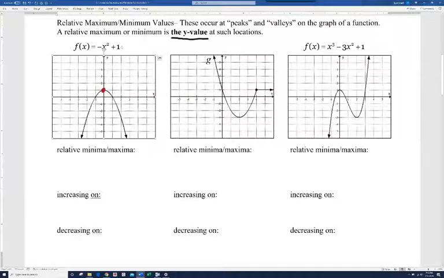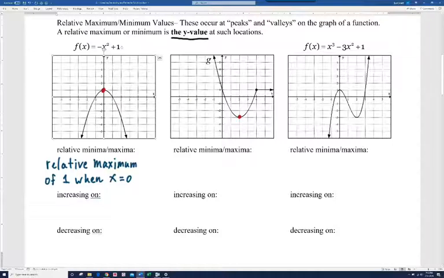It's the highest point, and at that point the y value is the highest on this graph. So this is a relative maximum. In fact, we would say it's a relative maximum of 1, that's the y value there, and it occurs when x equals 0.